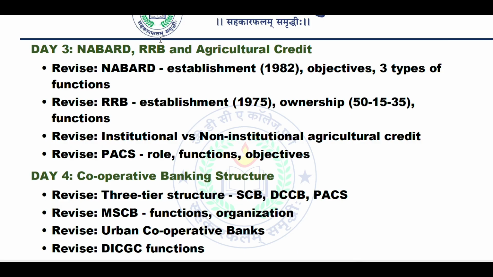Revise objectives and the 3 types of functions of NABARD. Then revise RRB: established 1975, ownership with central government 50%, state government 15%, and 35% sponsor bank, and their functions. Revise institutional and non-institutional agricultural credit. Revise PACS, Primary Agricultural Credit Societies, roles, functions, and objectives as well.